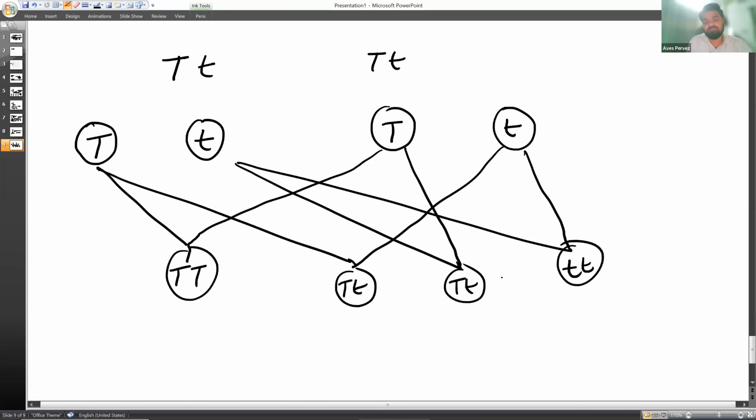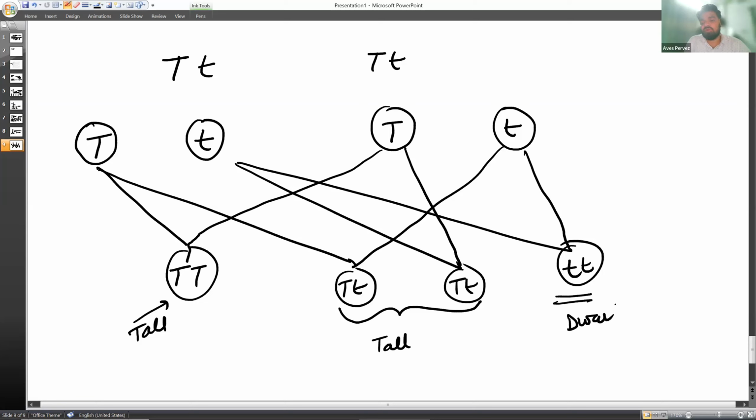Got it? Since it is going to have both the gene of tallness, it will be tall. So this will be tall, and we will get homozygous tall, which is tall. These two, since the gene of tallness is dominant over dwarfness, are also tall. But this is dwarf.